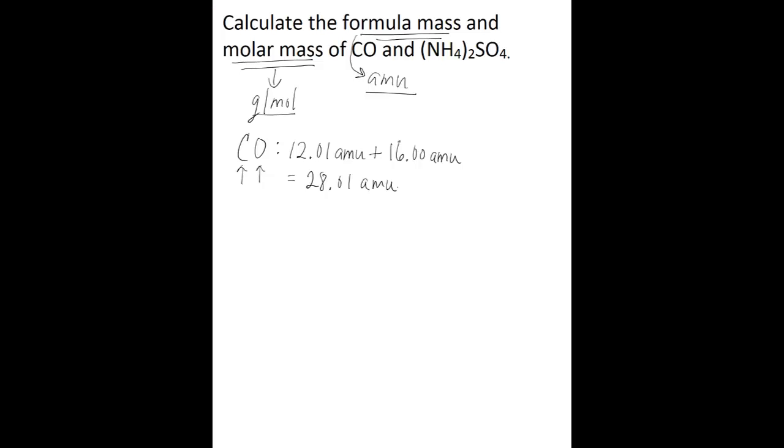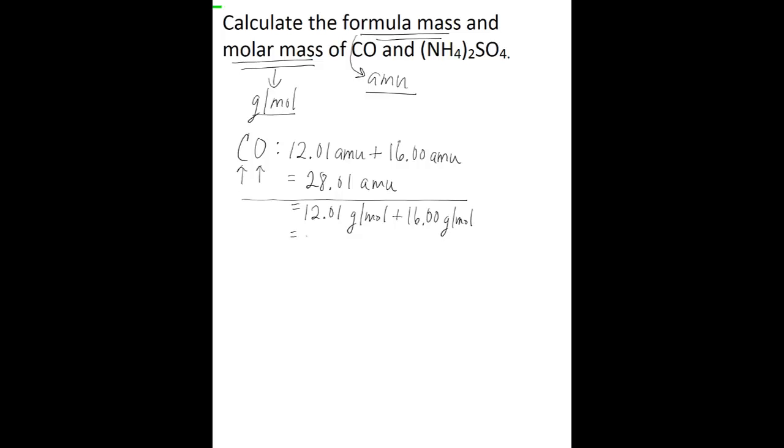You could also say that you found the molar mass of carbon in the periodic table to be 12.01 grams per mole, and add that to 16.00 grams per mole for the molar mass of oxygen.